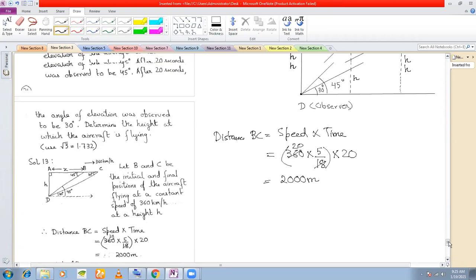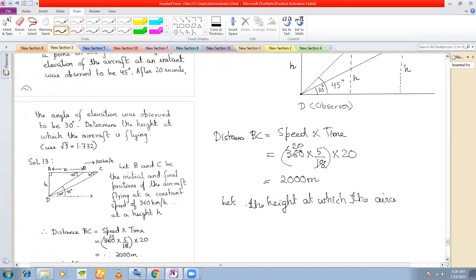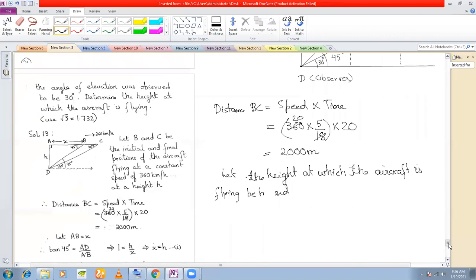So I say let the height at which the aircraft is flying be h. And we consider this distance here AB equal to x.